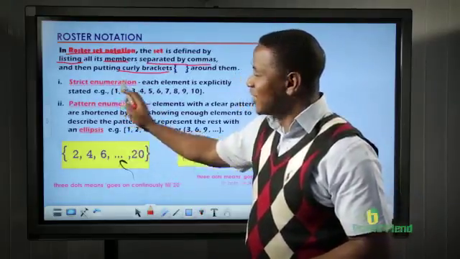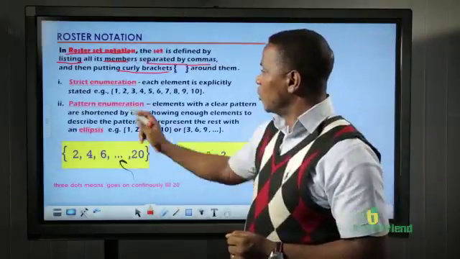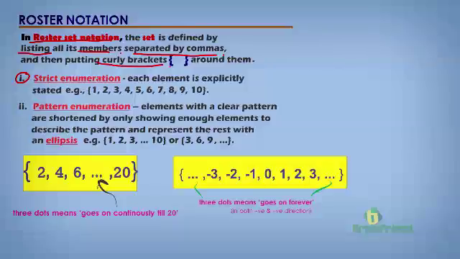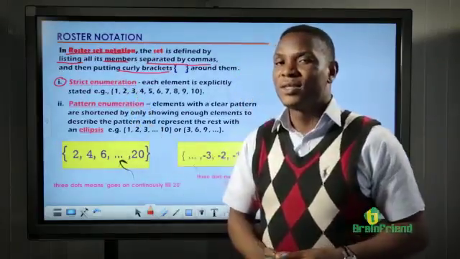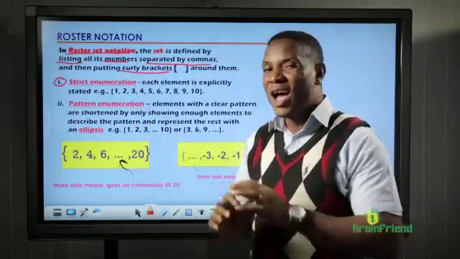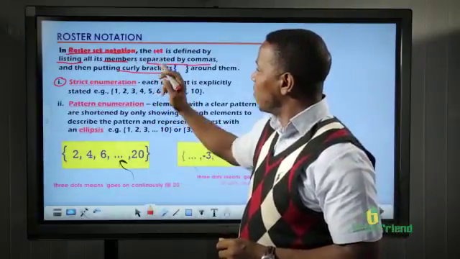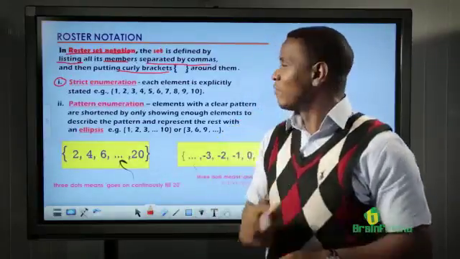If we have a set of numbers ranging from 1 to 10, we'll list out our numbers using the strict enumeration method of our roster set notation, in which the members of the set are strictly listed out completely, as we said earlier, with commas separating each element to distinguish them one from the other.